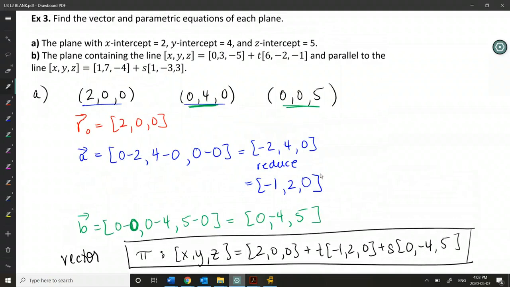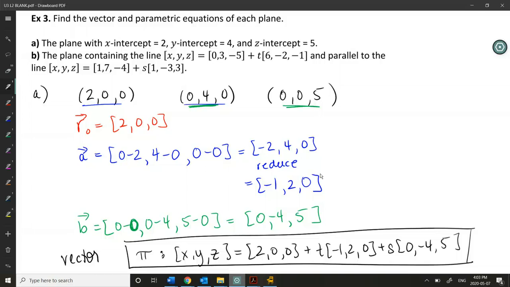And then part B asks us a separate question. So it says we're going to find the vector and parametric equations of the plane containing the line x, y, z equals and so on. And it needs to be parallel to a second line with this information in part B here.